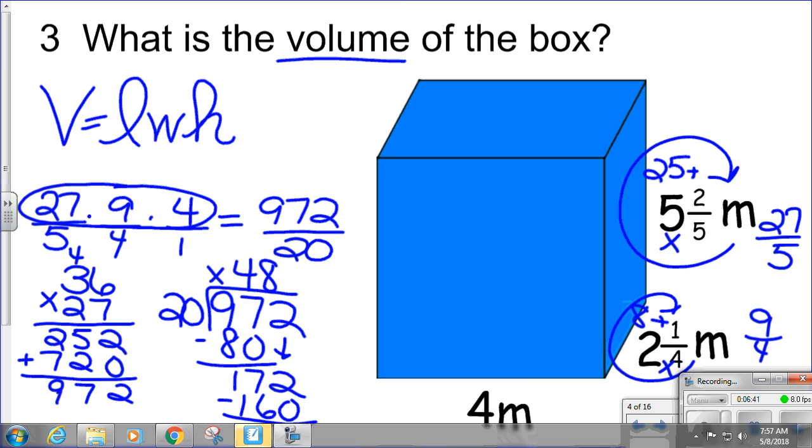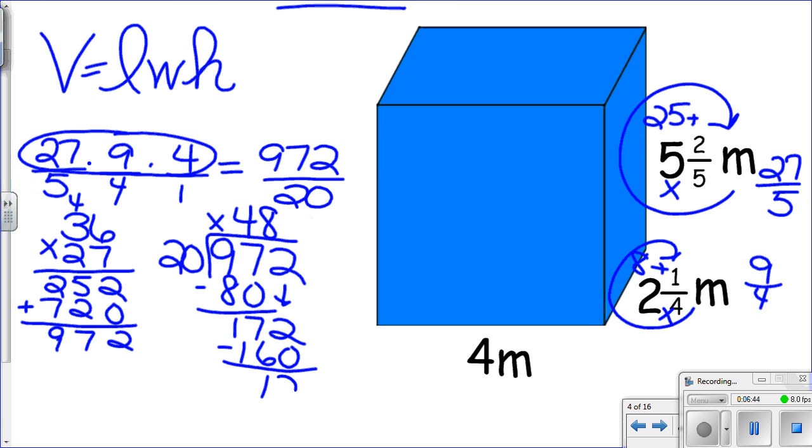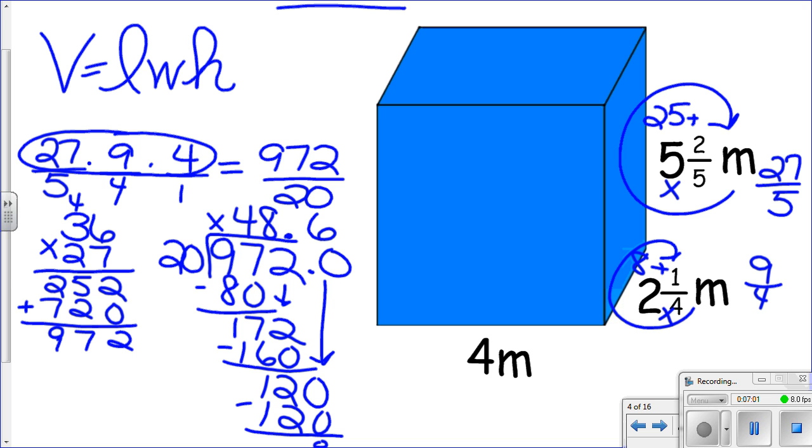And you have 12 remaining. And you can write this as a decimal or a fraction. I'm going to keep going with the decimal. 20 into 120 is 6. So 48.6. But again, I would have taken 48 and 12 twentieths. Or there's even more simplified answers with that fraction.